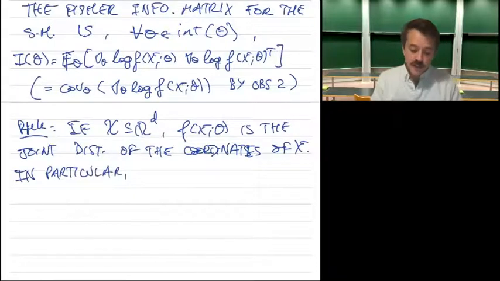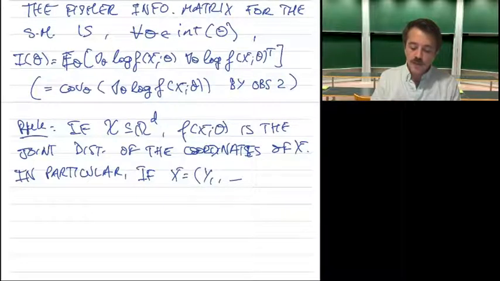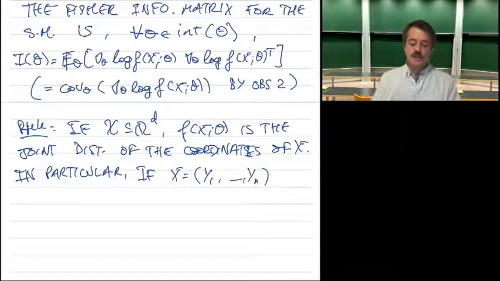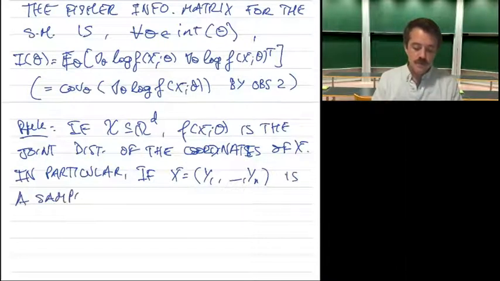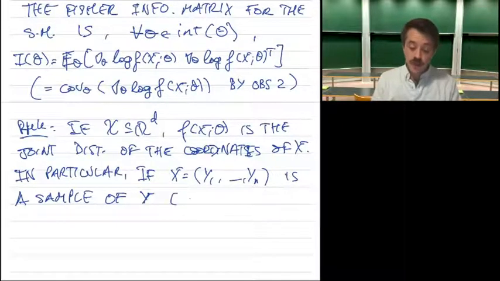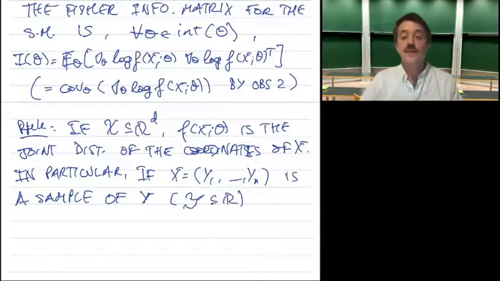So we get that if we take X to be y1 to yn, so if this is a sample of y, with y being a real valued random variable, so we have this calligraphic Y space in R, rather than the calligraphic X that we used to have before.